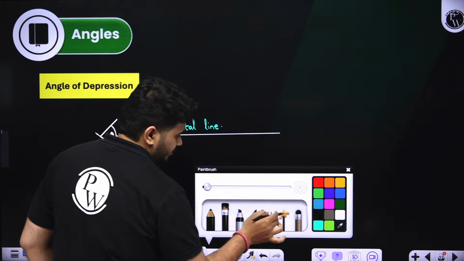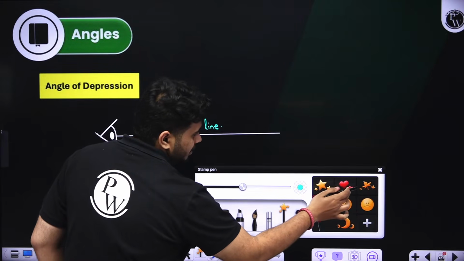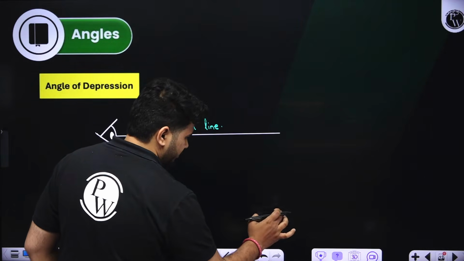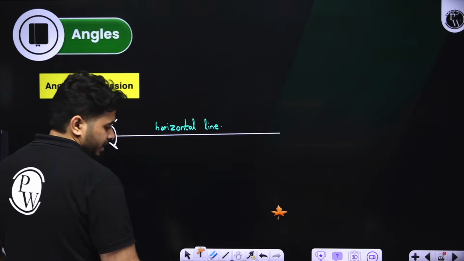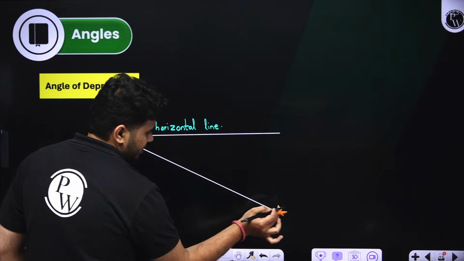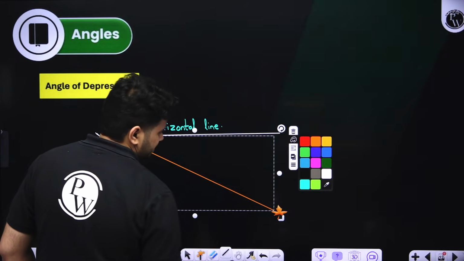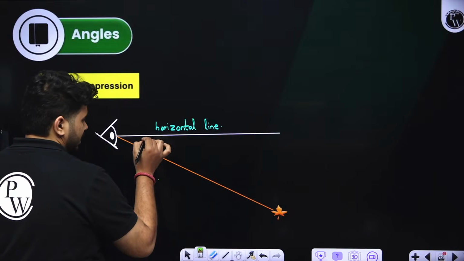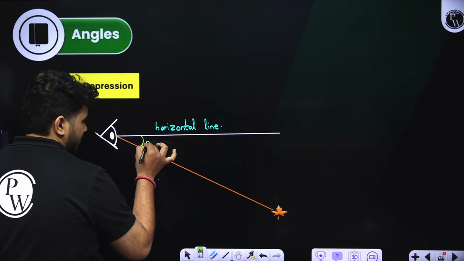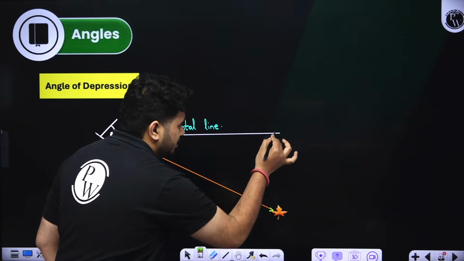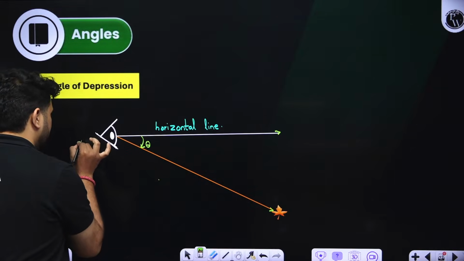Now he is observing an object, which is there somewhere over here. So now his observed angle is like this. The observer's line will be like this. So what will happen in this case? Whatever this angle theta is, it will be called what? Angle of depression. Clear? This is the observer we have.